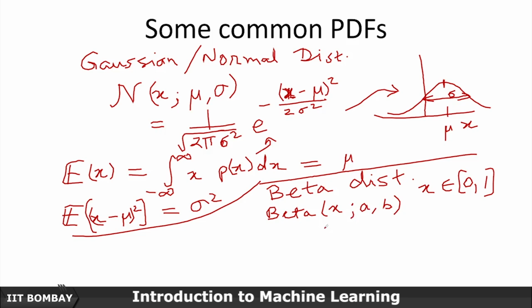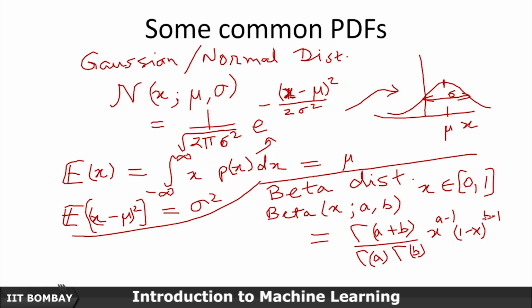The formula is the gamma function of a plus b divided by gamma of a, gamma of b, and then x to the power a minus 1, times 1 minus x to the power b minus 1. Another useful function is the uniform distribution.